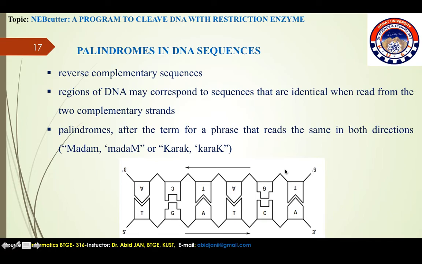From 5 prime to 3 prime on one strand going from right to left, for example the above strand, and 5 prime to 3 prime on the below strand going from left to right, the read is the same. Such reads and such patterns are called palindromes, after the term for a phrase that reads the same in both directions.